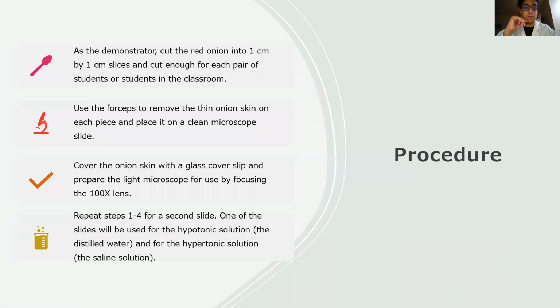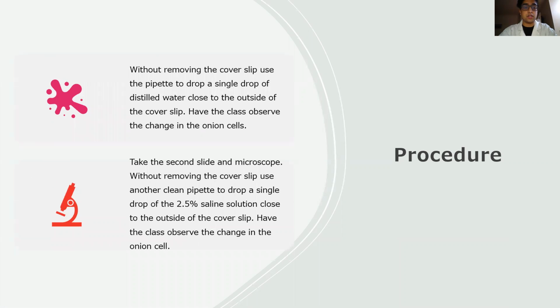We're going to cover the onion skin with a cover slip, and we're not going to be removing the cover slip when using a pipette to drop a single drop of distilled water. So you're going to take your pipette, suck up some of the water that's laid out for you, and then drop that little drop of distilled water on the corner of your cover slip, and you'll see that the water gets sucked in under the slip.